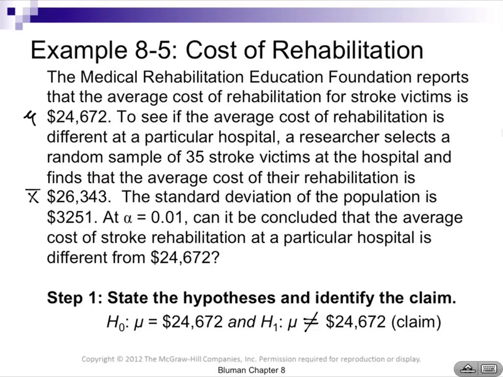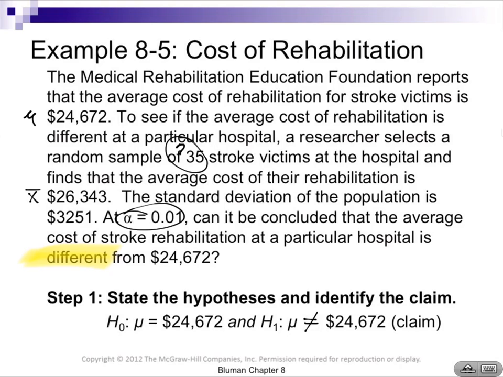and this is our n right here. And here's your alpha. I like to list them rather than go in and label them, but you can do that if you want to. And so we want, at alpha 0.01, can it be concluded that the average cost of stroke rehabilitation at a particular hospital is different, not greater than or less than, just different.